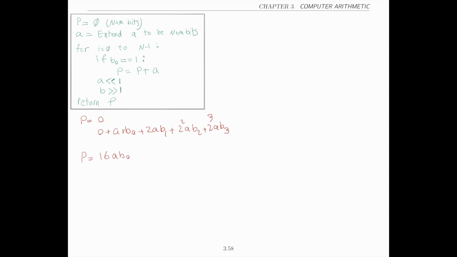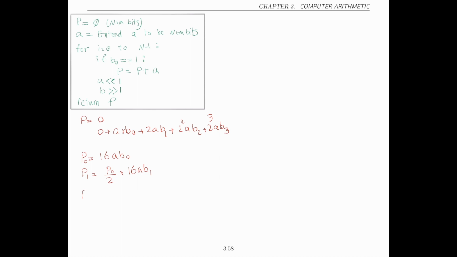and I'm going to call this p0, for example. Then I'm going to divide the previous p by 2 and add to it, again, 16 times ab1 this time.